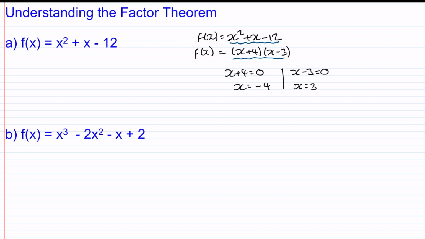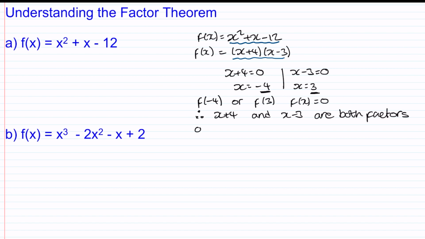So the factor theorem tells us that when x is negative 4, or when x is equal to 3, f of x will be equal to 0. So therefore, x plus 4 and x minus 3 are both factors of f of x.